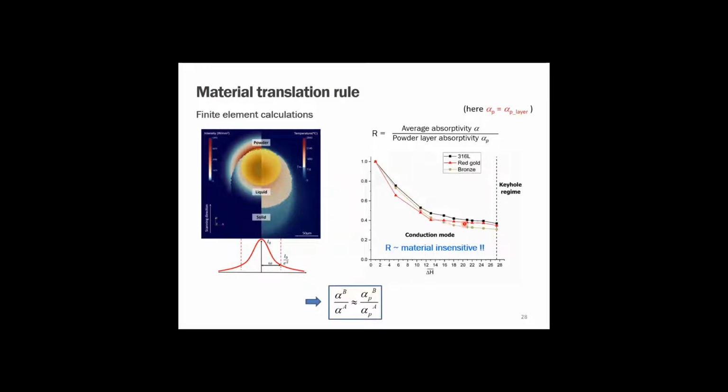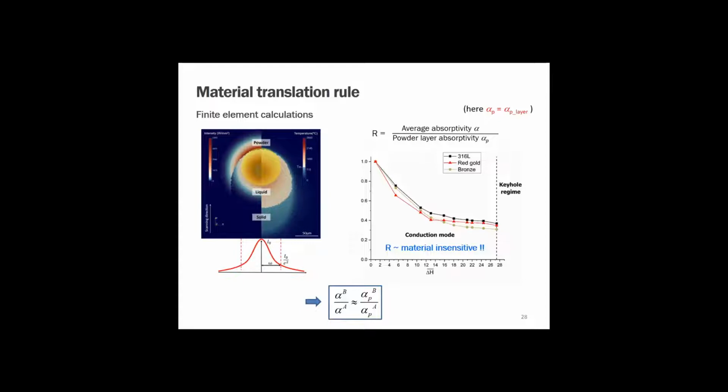That's very convenient, because if you're looking at the ratio of the absorptivities of two different materials, you can approximate that by the ratio of these powder layer absorptivities, which can be measured. The liquid one is much more difficult to measure. And also, you don't need to know the volume fraction of each of those two phases.